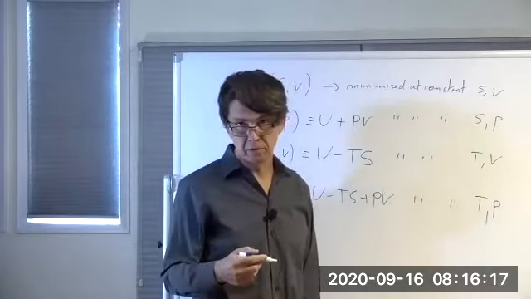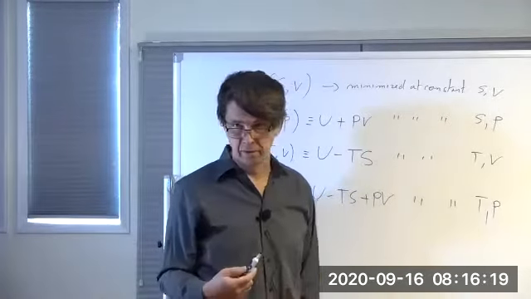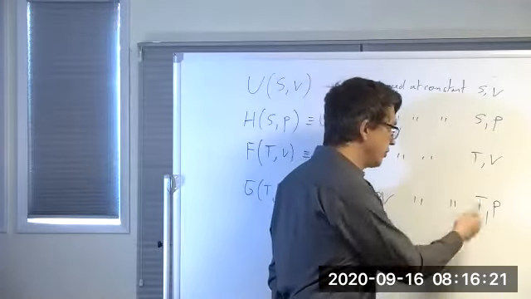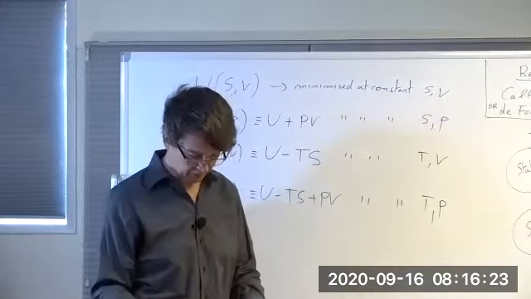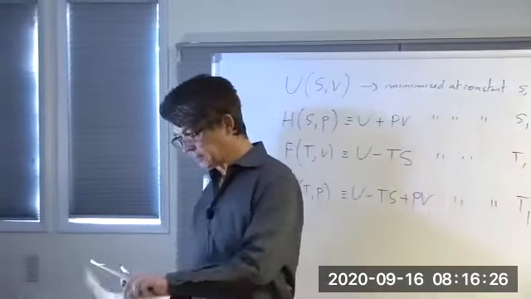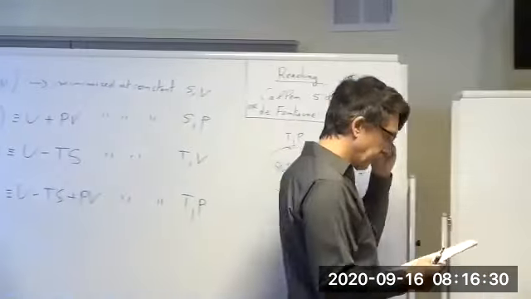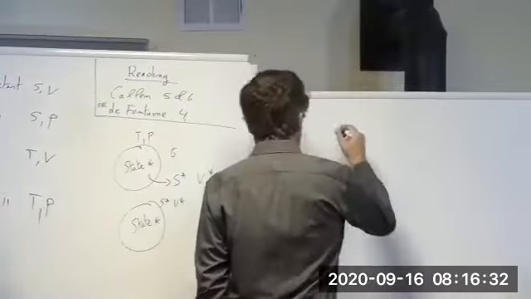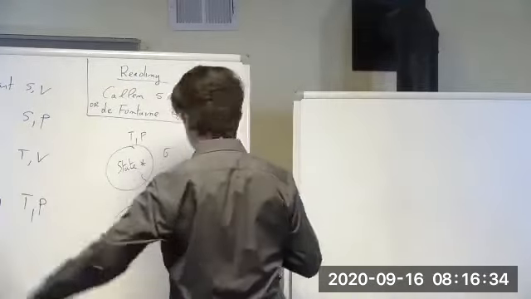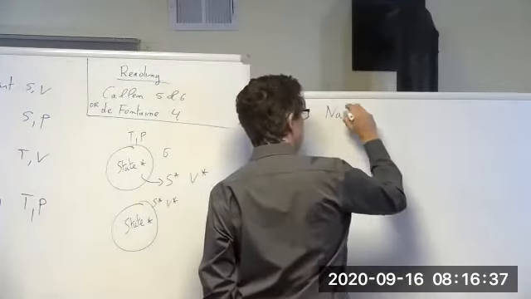It just depends on how you consider the boundary conditions on the equilibrium. Each function, I've written out what the variables are of each function. These are called the natural variables.